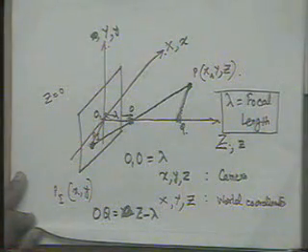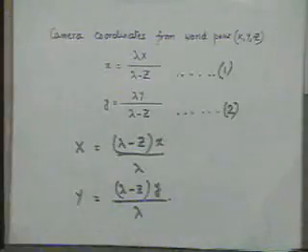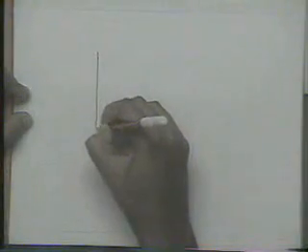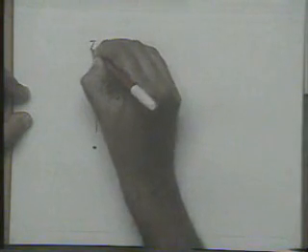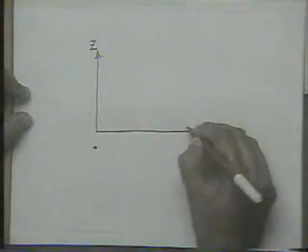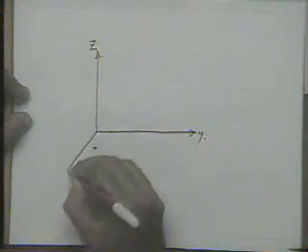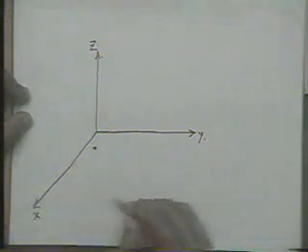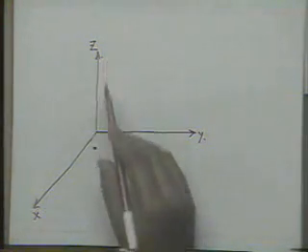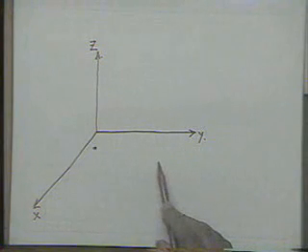The coordinate systems we will take differently. Now, this capital XYZ is the world coordinate system.